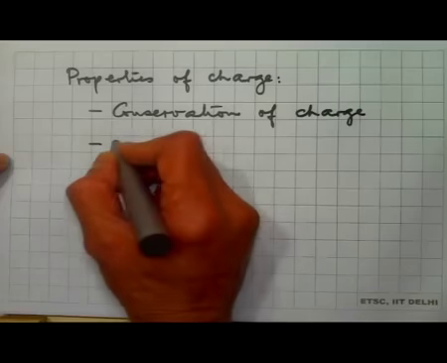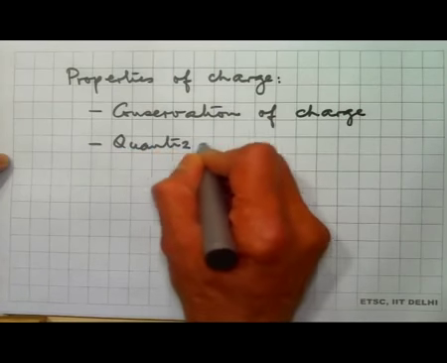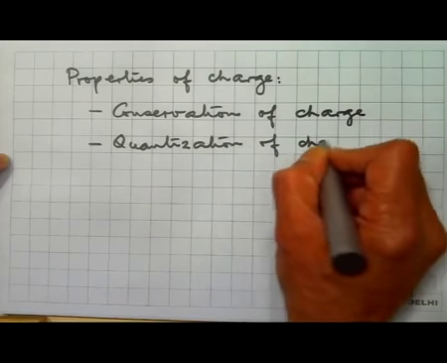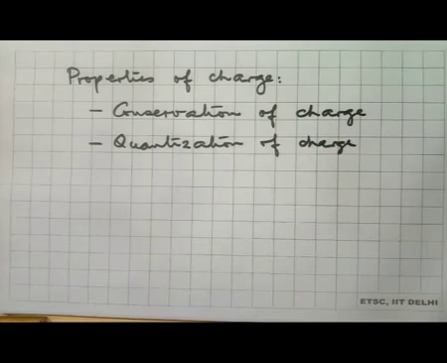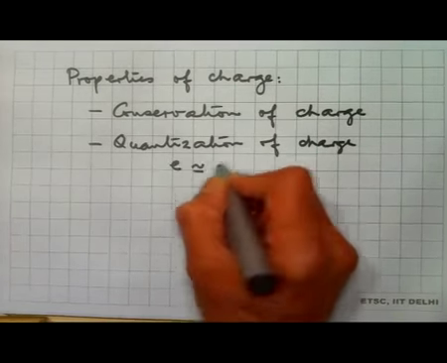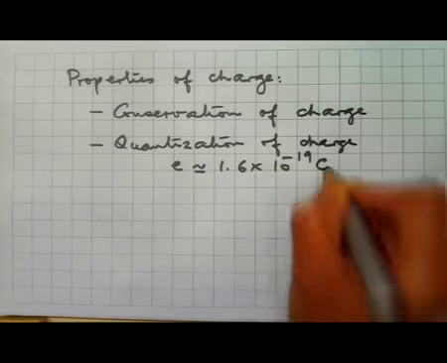We also saw that charge is quantized. That is, the charge comes in quanta of approximately 1.6 × 10^-19 Coulomb.